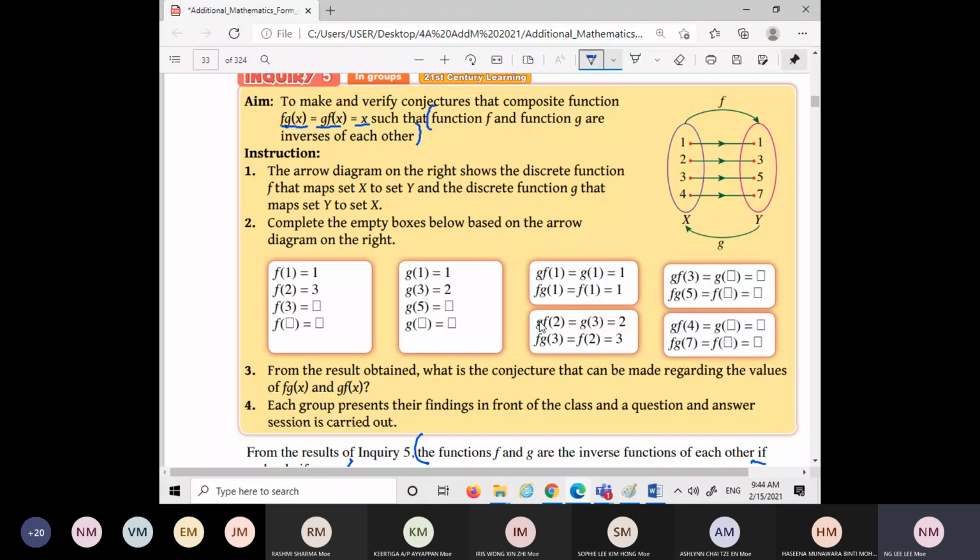The arrow diagram on the right shows the discrete function f that maps set X to set Y, and the discrete function g that maps set Y to set X. So this is function f, this is function g.